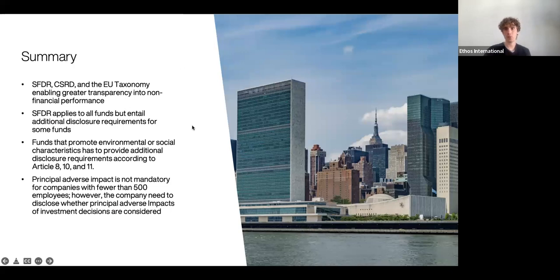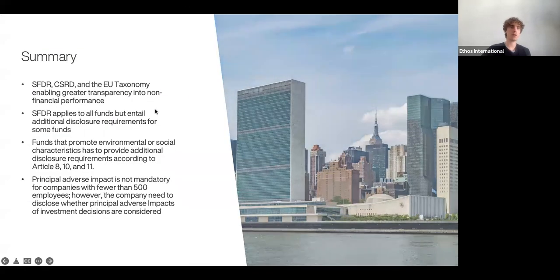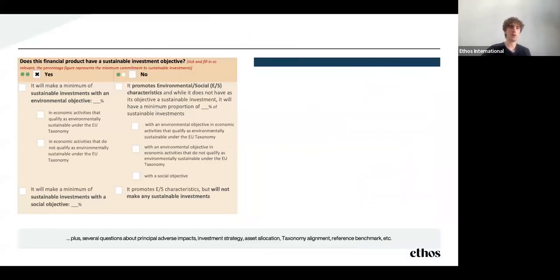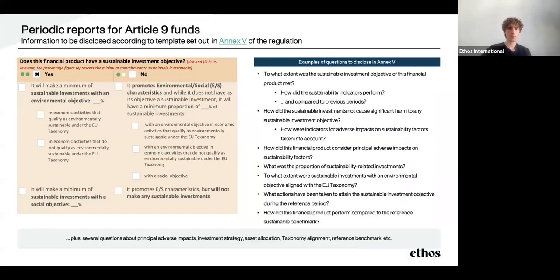So reference benchmark or index: for example, if you're an Article 9 fund, and you are disclosing that you are making a minimum percentage of sustainable investments, say 30% taxonomy aligned, you could also choose to include a reference benchmark.